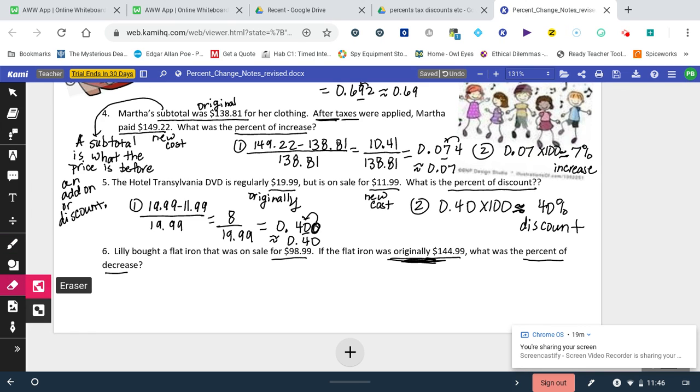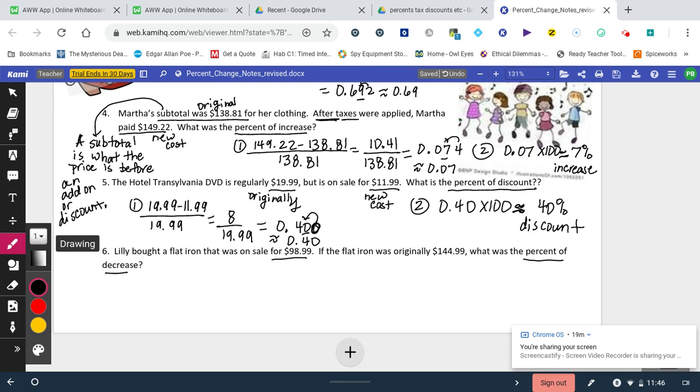So yeah, it did go down. All right, so we're going to follow the steps. We're going to find the difference between those two prices. 144, put the large number first when you subtract. 144.99 minus 98.99, and we want to divide by the original cost.